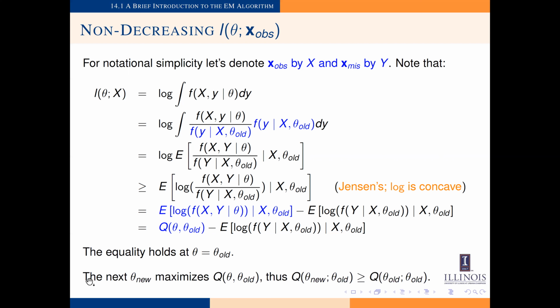So you can see the next theta new, which maximizes Q of theta, theta old, guarantees us that Q of theta new, theta old is greater than or equal to Q of theta old, theta old. In other words, by setting the next theta to be equal to the maximizer of this Q over here, we will arrive at a log likelihood in the next iteration that's greater than or equal to the current one. In other words, if we implement the EM cycle, our observed data log likelihood is bound to be non-decreasing.